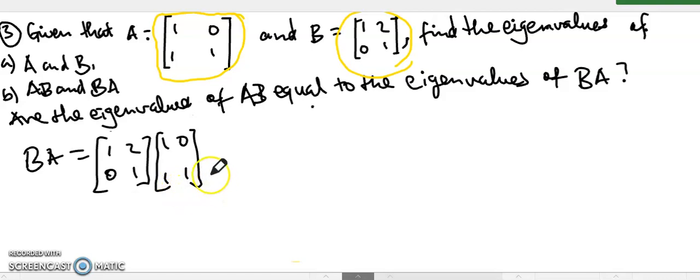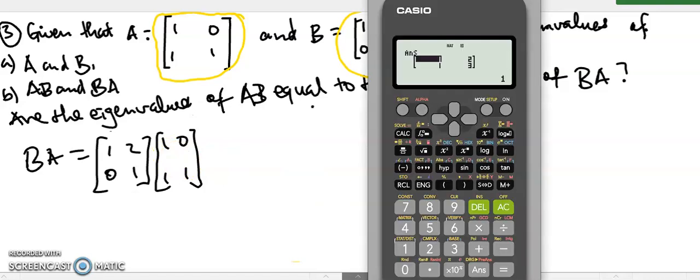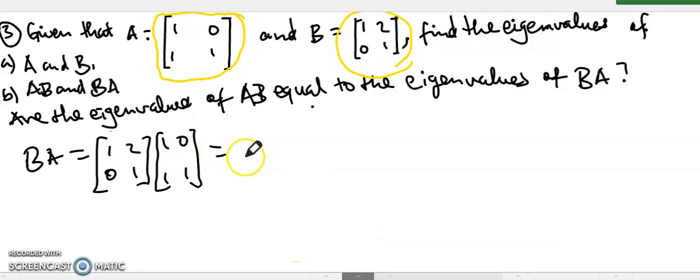You know how we multiply these two matrices, rows by columns, or you can use your calculator to do that. If you do that, we will simply get a new matrix, which is 3 2 1 1. This is the new matrix that we got.